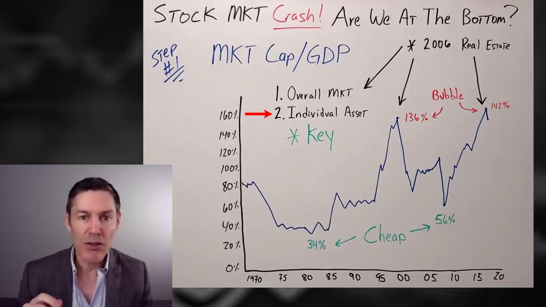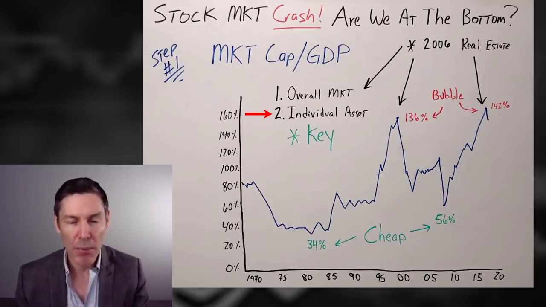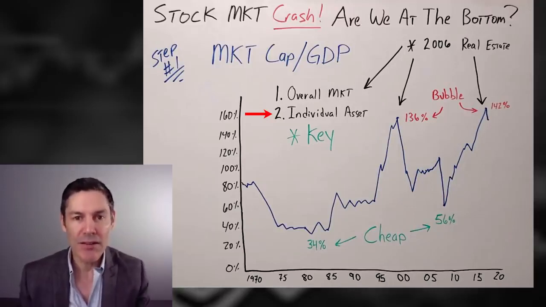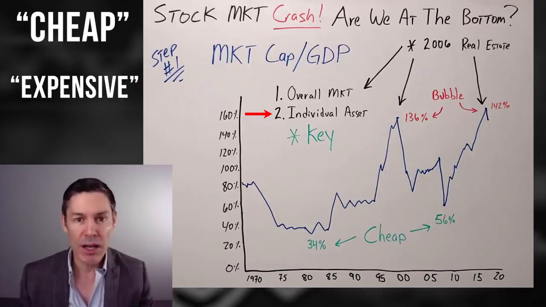Likewise, if you were in 2012 and you saw a property that was massively overvalued, it doesn't necessarily mean that the individual asset is a good deal just because the market is quote unquote cheap or expensive or even in a bubble.